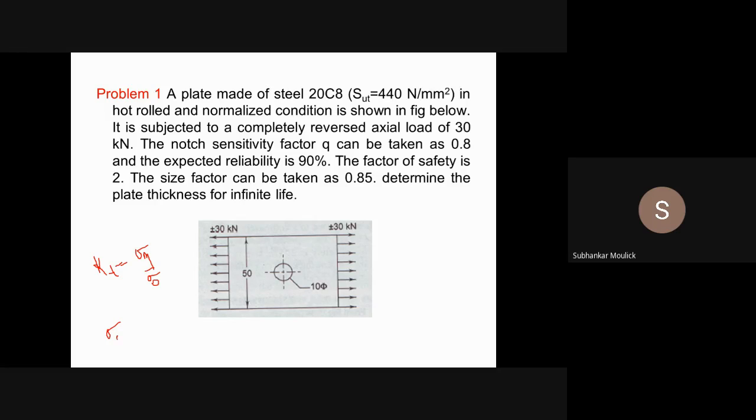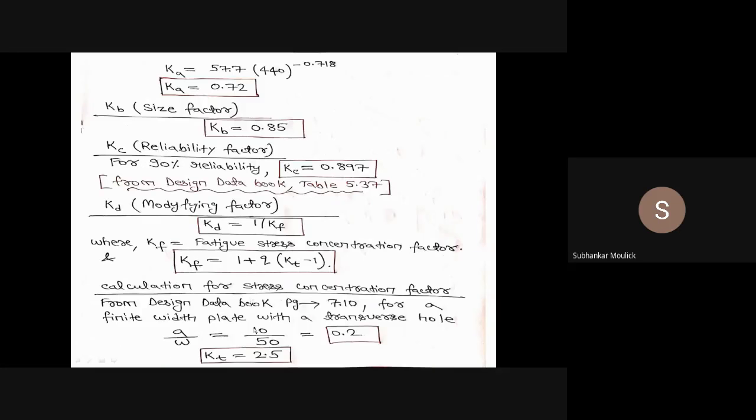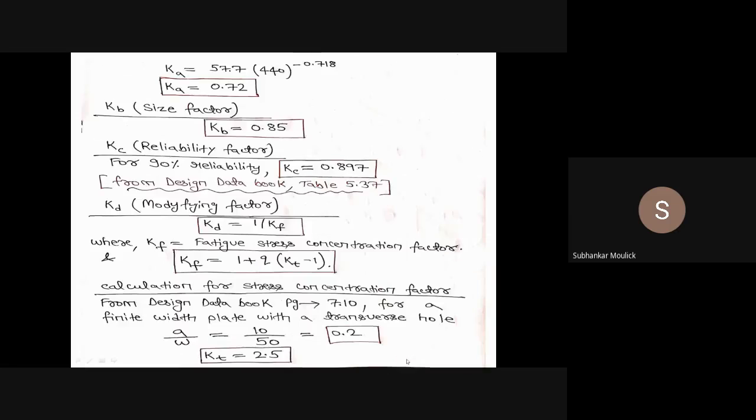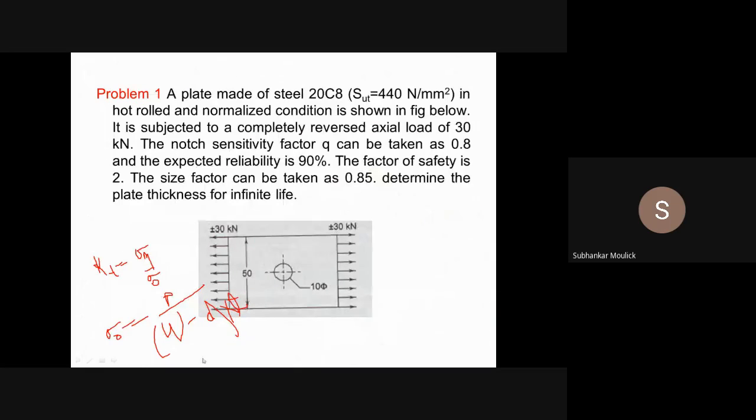This sigma nominal for this condition is load P divided by W, that is width of the plate, minus D, the dia of the hole, this is area, into thickness of the plate. This is the equation. So the permissible sigma A of the problem is 21.73, and the sigma A value due to stress concentration should be lesser than or equal to this.